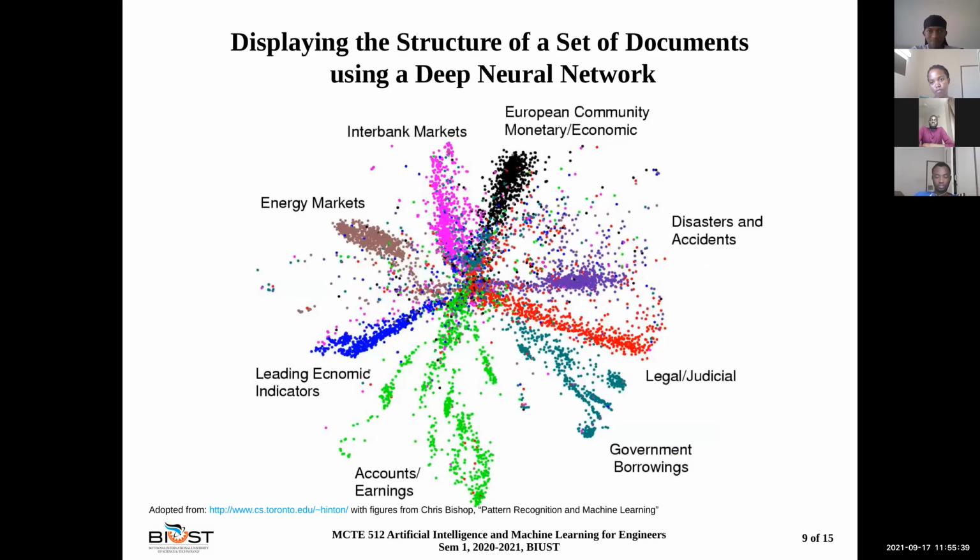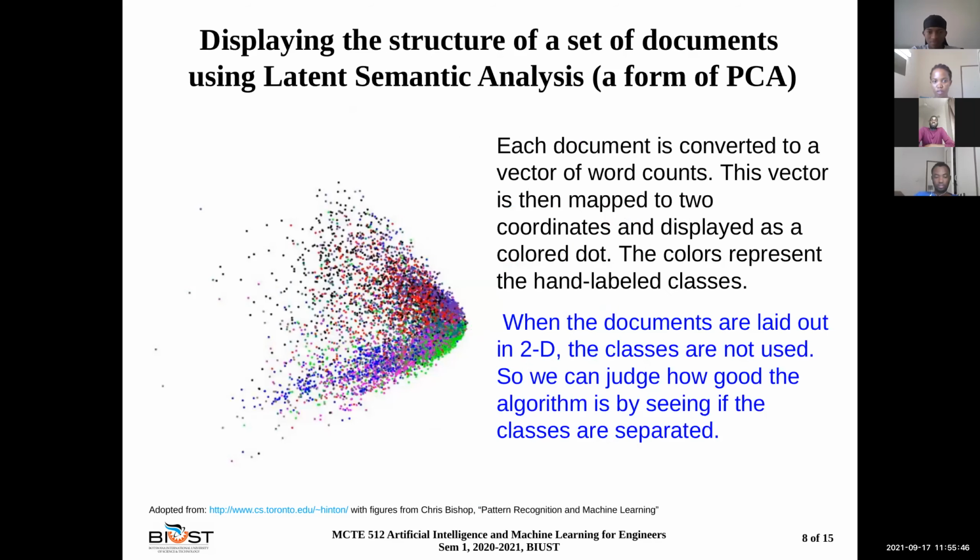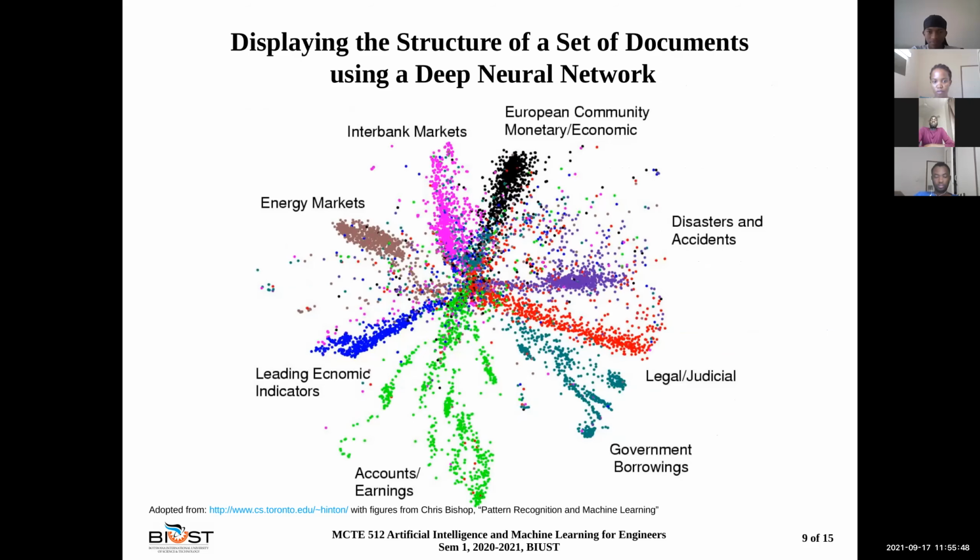But somehow, if you use a different kind of model, so in this case here, they use a model or algorithm using principal component analysis, PCA. In this case, they use a deep learning neural network. So now we are saying this is a much better display of the data. In this case, we were talking about the ethnicity of people. But anyway, here it is the structure of a set of documents.